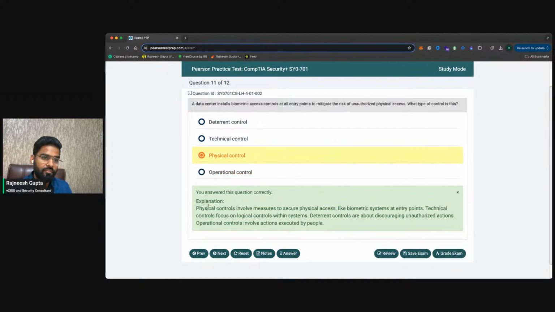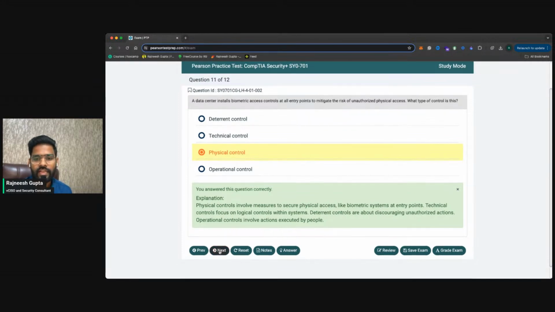Someone may argue, even I might argue as well, but if the physical control wasn't there, what could you go for then? Sometimes it's a situation where you have to find something which is more right than something else. So it's always important that you go through all the options before you make up your mind.